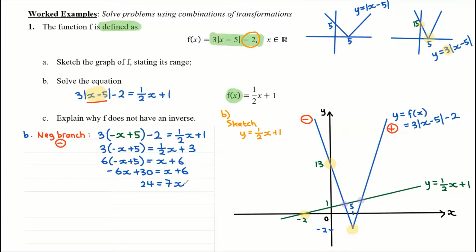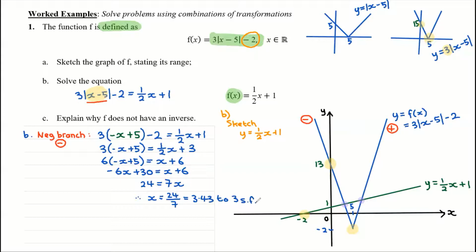So x is 24 over 7, which is about 3.4, I think. Which is roughly equal to 3.43. We'll do to 3 significant figures. There's nothing specified in the question, so we will round it to that.